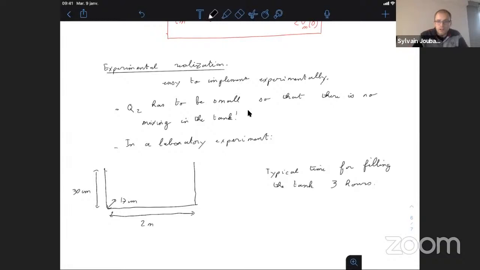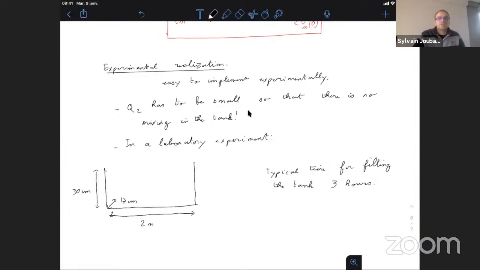For example, we had an axisymmetric tank, which was quite large, and we had a larger pipe in diameter to have a larger flow rate and less velocity and almost no mixing.